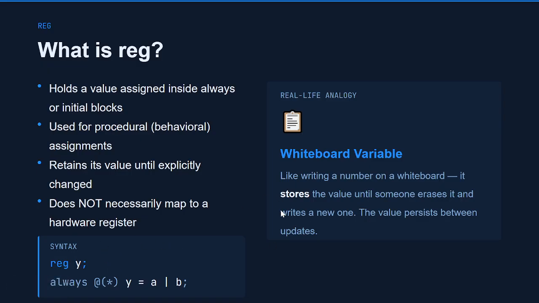Just remember the sensitive list, where it is called and how it can be called. Someone may ask how it creates a sensitive list. Always at asterisk will create a sensitive list, where it shows every value to be checked.